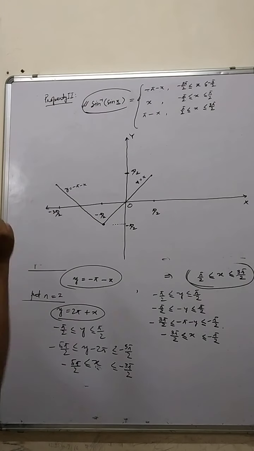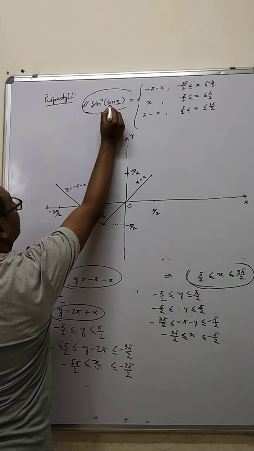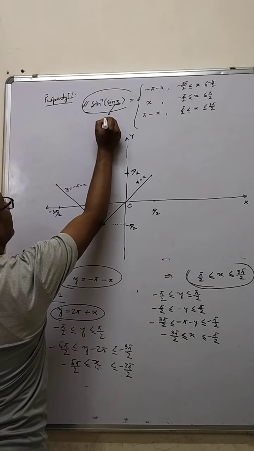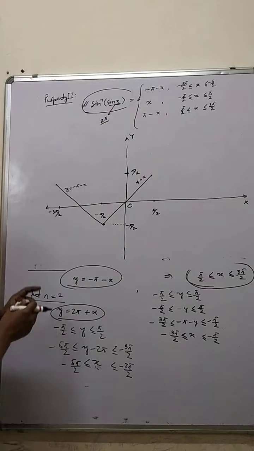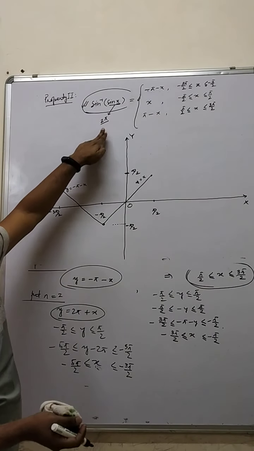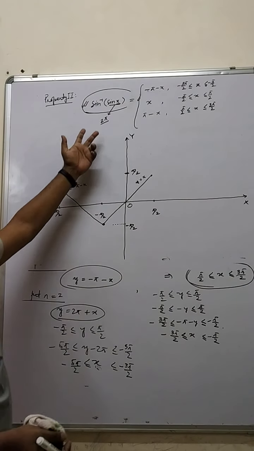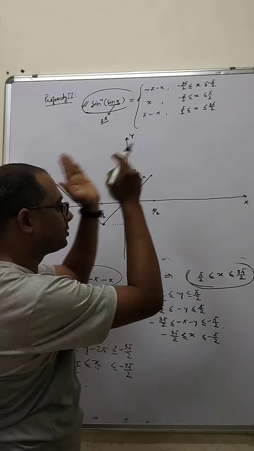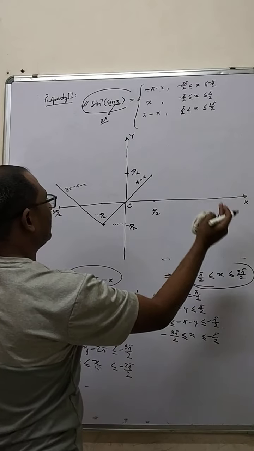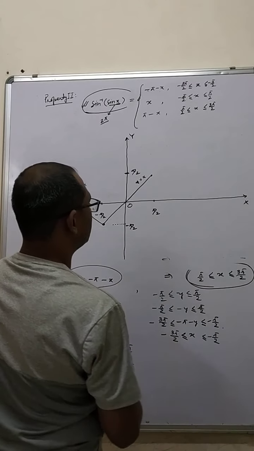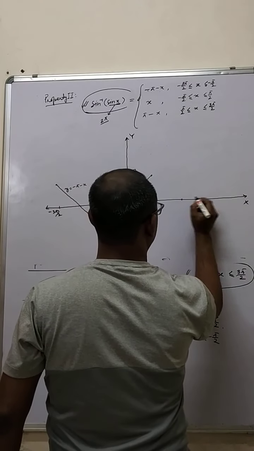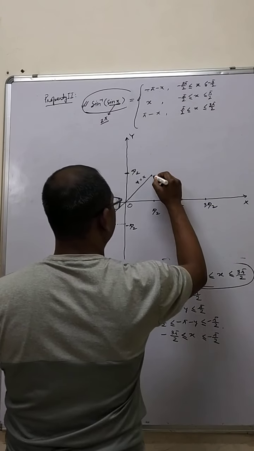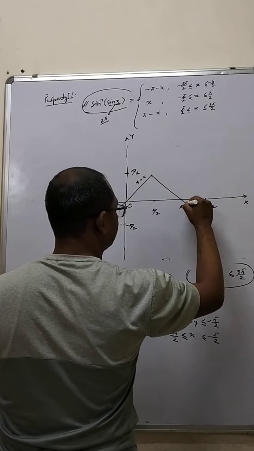Now please pay attention here. Sin x, we know that sin x is periodic with a fundamental period 2 pi. So sine inverse of sin x is also periodic with fundamental period 2 pi. So this graph is going to be repeated in all other intervals. Here 3 pi by 2 will come pi, so the graph will be something like this.